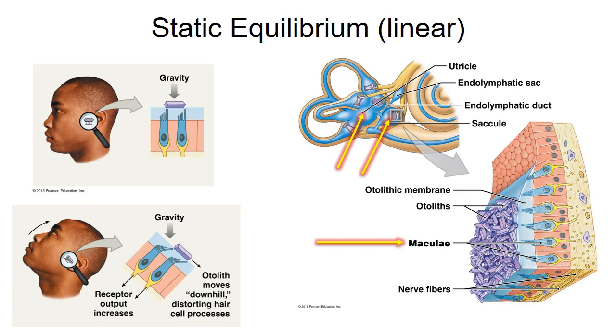When you started with the walking of the bucket of water, if you walk really quickly, what happened to that water? It kind of moved towards you, right? So that's what's happening here with these otoliths and this otolithic membrane: the hair cells are coming up, and even though those hair cells may be moving, the otolith and otolithic membrane don't move with it exactly.